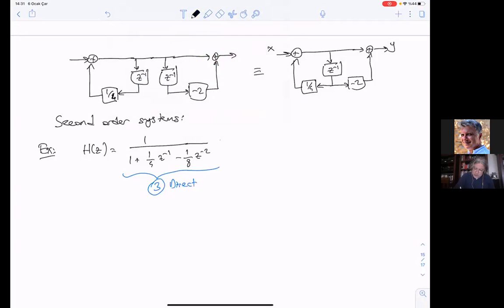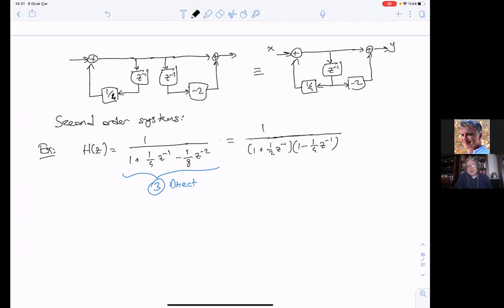But before that, we will take a look at first a cascade or series representation, and then a parallel representation. The cascade representation requires the denominator to be split into first order systems like this: (1 plus 1 over 2 z to the minus 1) times (1 minus 1 over 4 z to the minus 1).